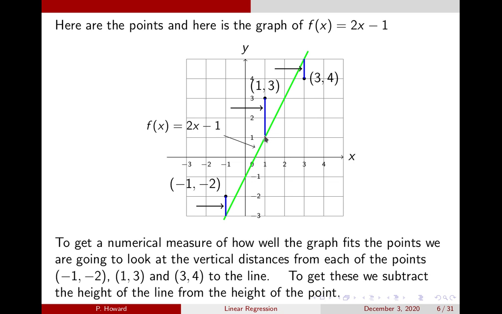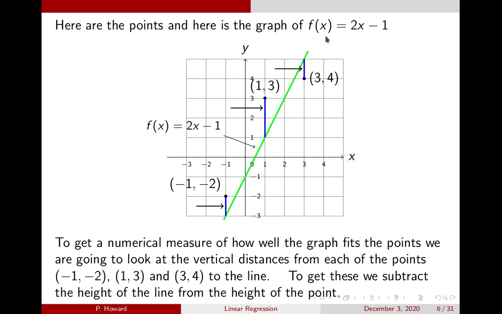And we want to subtract the height of the graph of f of x equals 2x minus 1 at the point where x equals 1 from the height of the point 1, 3. How high is the graph of f of x at the point where x equals 1?